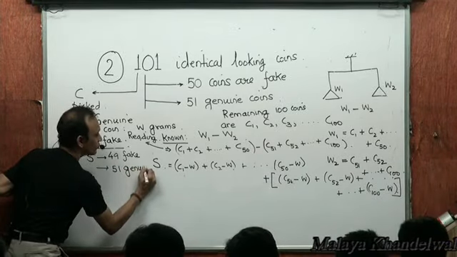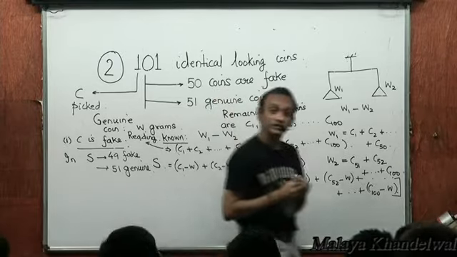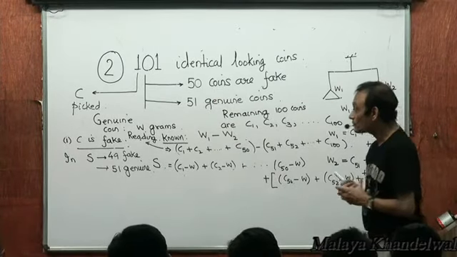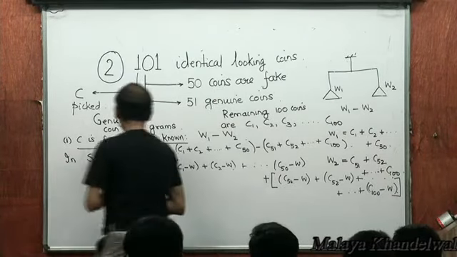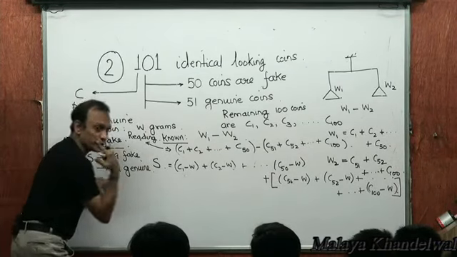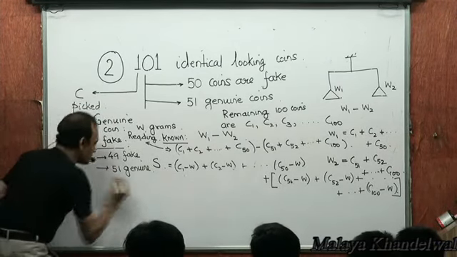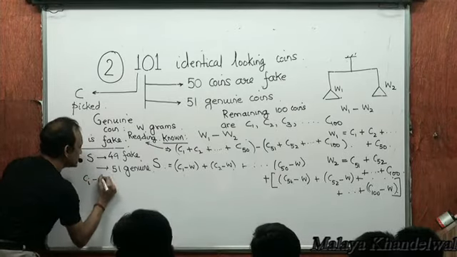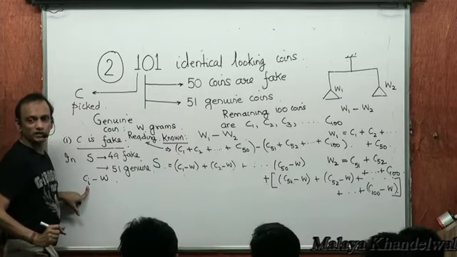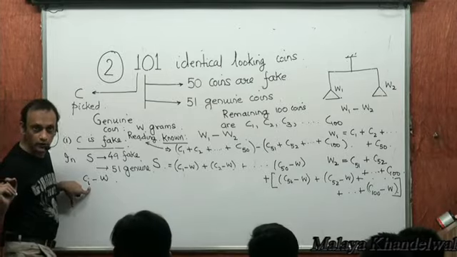Yes or no? 51 of these CIs would be genuine, right? That means if there are 51 genuine, then see, all these numbers are of the form Ci minus W, where i can be 1, 2, 3 up to 100, right?